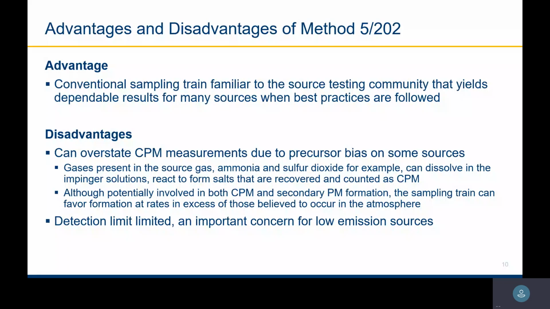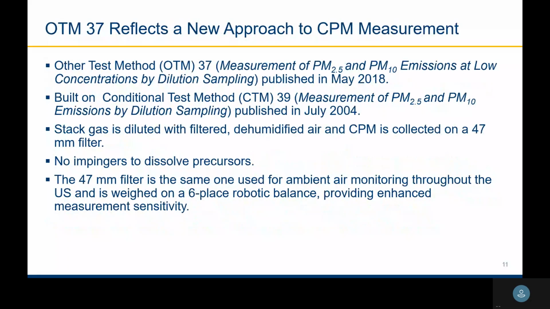The detection limit of Method 202 has always been a difficult thing to define, and to increase your detection limit, typically the answer is to run a longer test run. You pull more gas through the train, you run for 4 hours instead of 2 hours, sometimes 6 hours. Then you run into other issues, because now those compounds are in contact with the liquid in the sample train for a much longer time, and you can have even more issues.